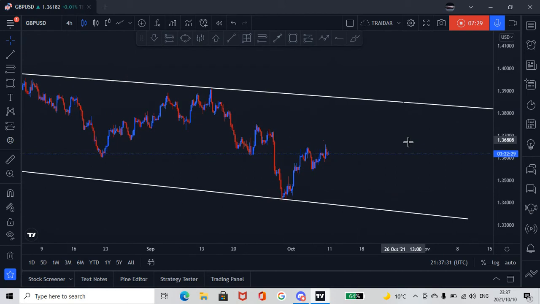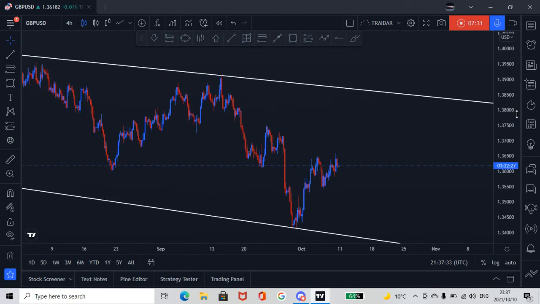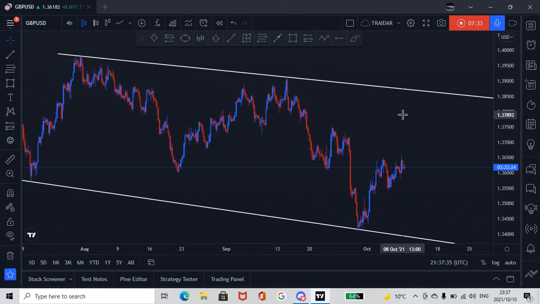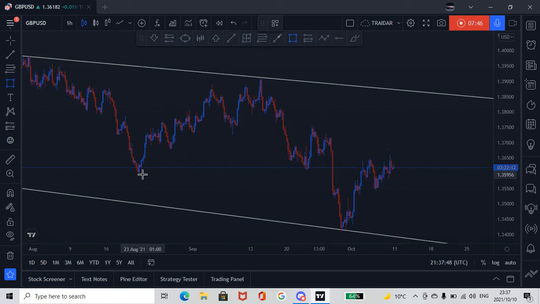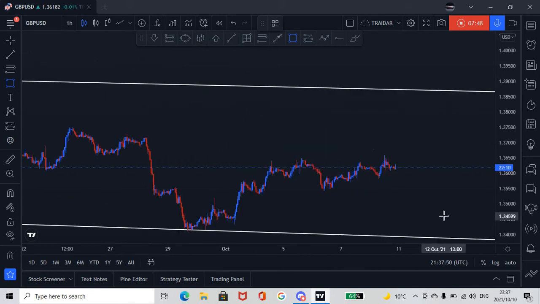Let's identify those key areas. Let me go to one page to identify those key areas.